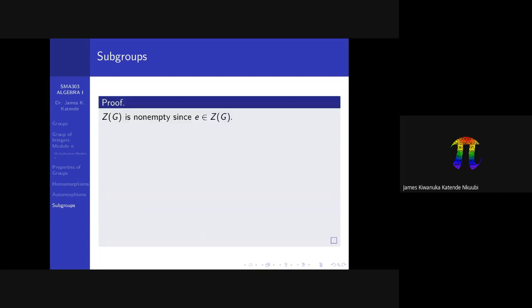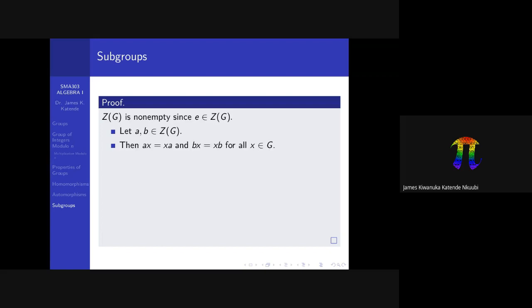So let's prove this. We know very well that the identity element will always be one of the elements in the center. So the center of a group will never be empty. It will have at least one element. Then let's pick any two elements A and B from the center.